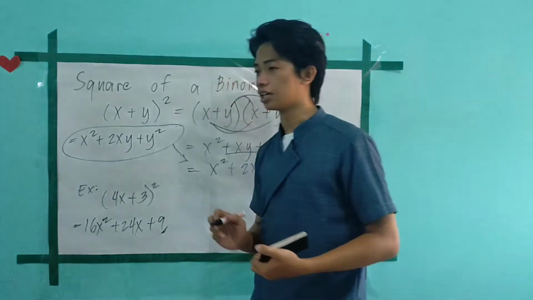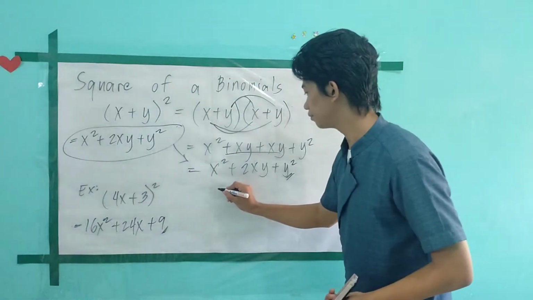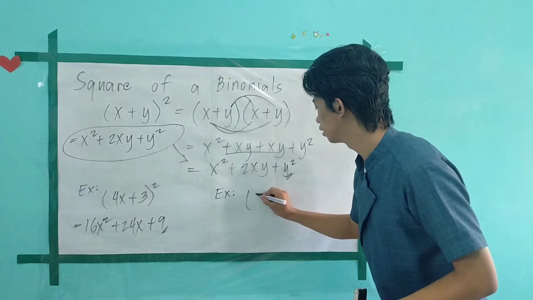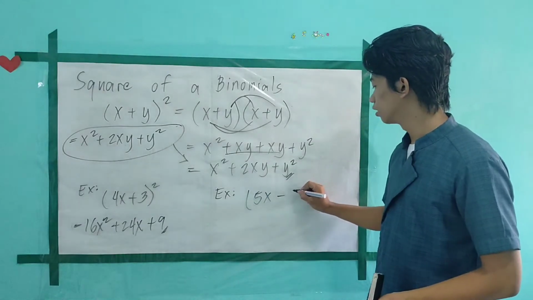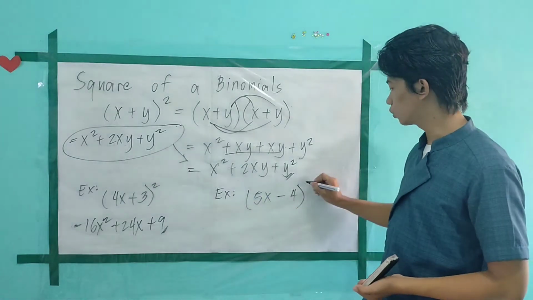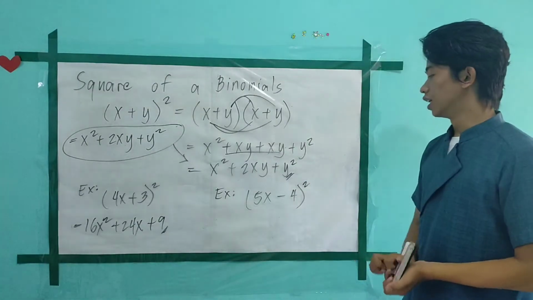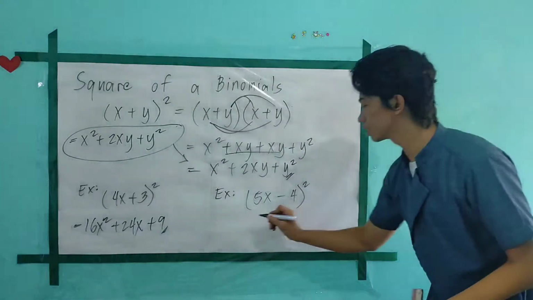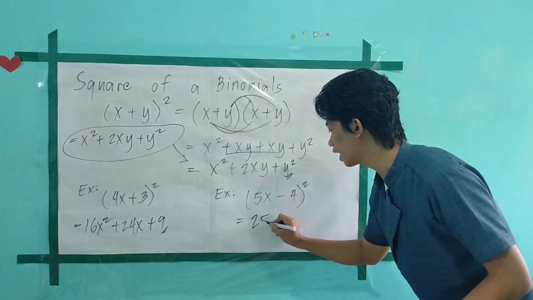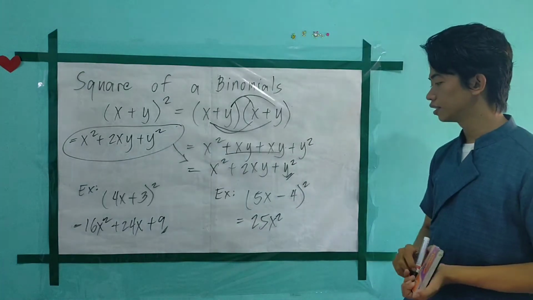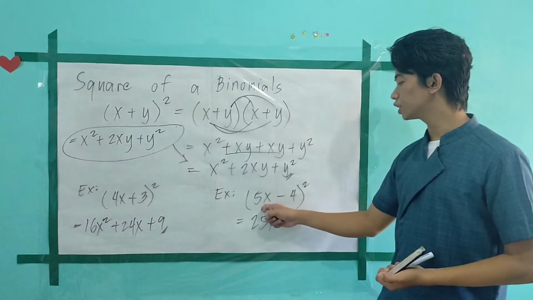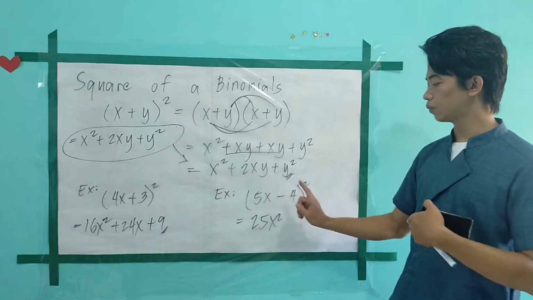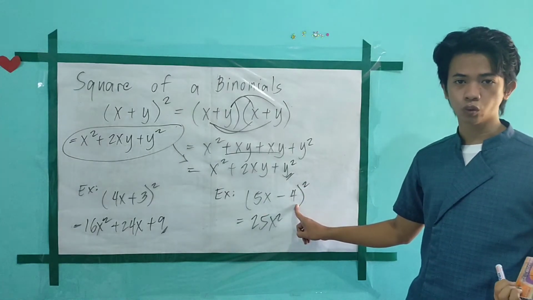This is the answer. Alright, let's have another example. Let's say our example is 5x less 4 squared. The technique is square the first term. 5x multiplied by 5x, we have 25x squared. Then next, get the product of the first term and the second term, then twice it. 5x multiplied by negative 4, negative 20x.